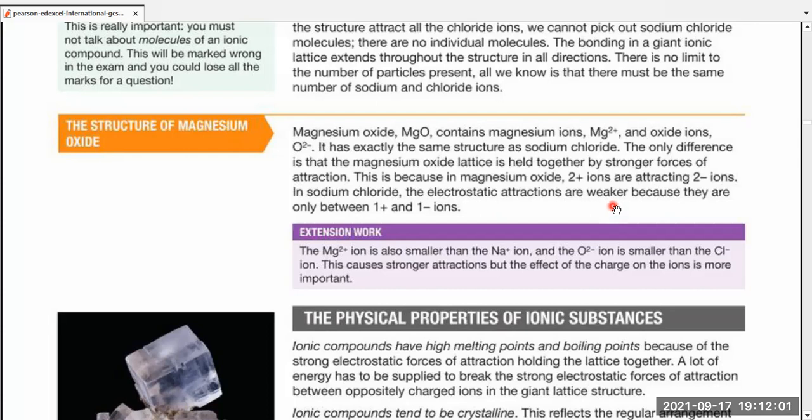In sodium chloride, the attractions were weaker because it was between positive 1 and negative 1 ions. If we talk about positive 3 and negative 3 ions, which we recently did for aluminum as a positive 3 and nitride as a negative 3 ion, aluminum nitride has even stronger forces of attraction than both magnesium oxide and sodium chloride. So the stronger forces of attraction come from a bigger charge.